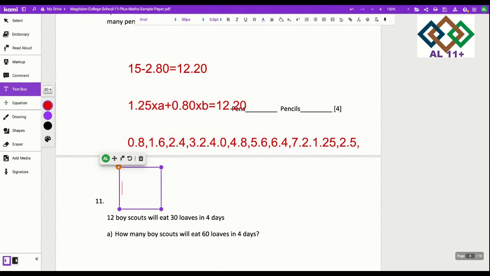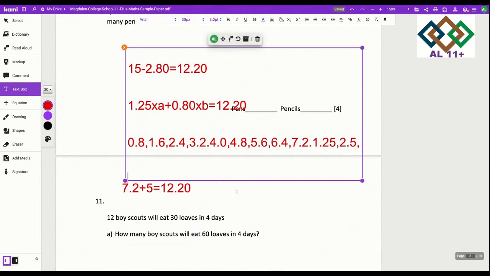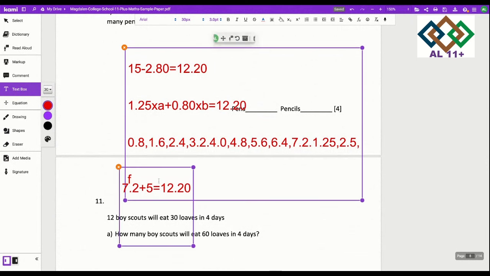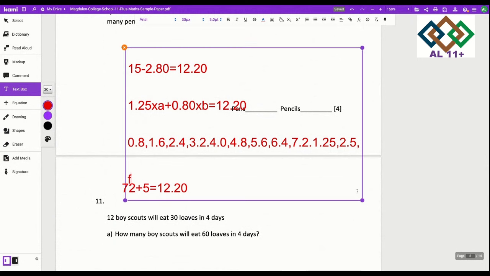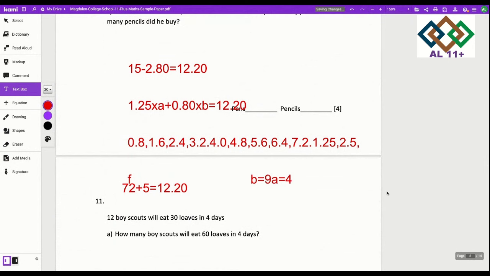So basically you get 7.2 plus 5, that gives you guys 12.20. So your B equals 9 and your A equals 4.